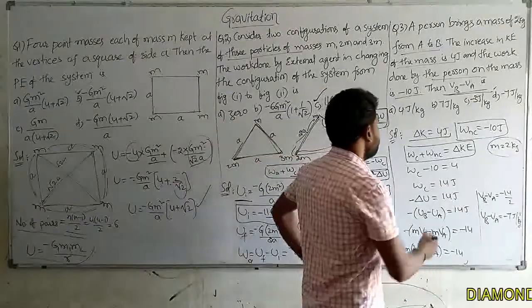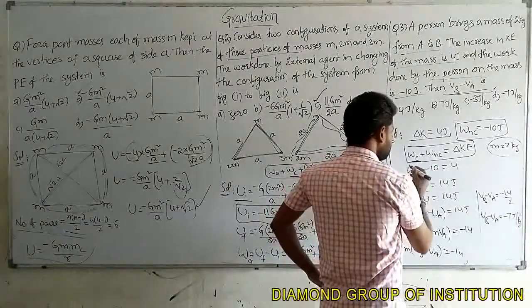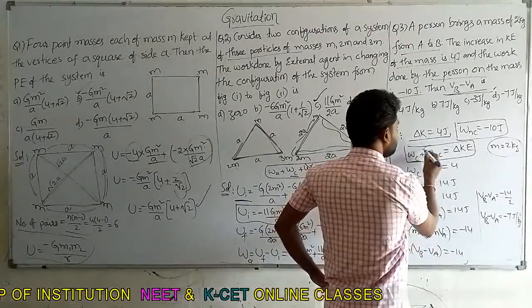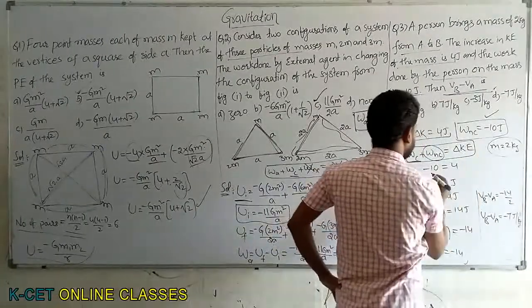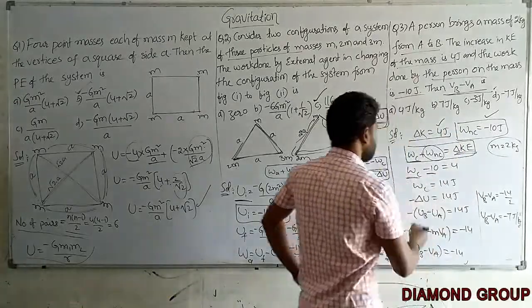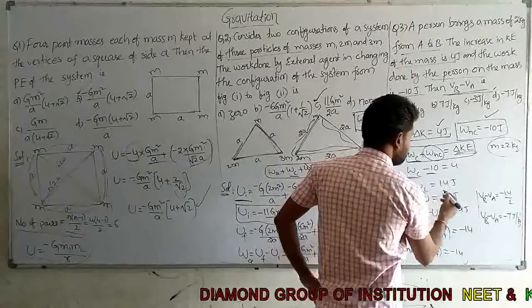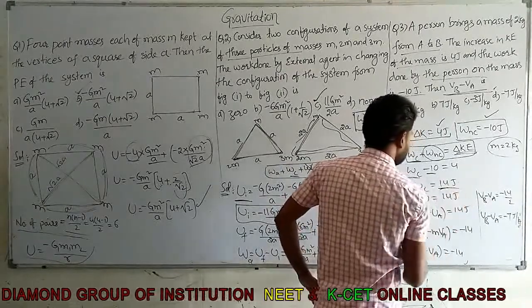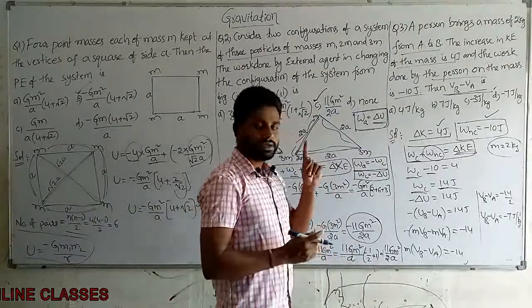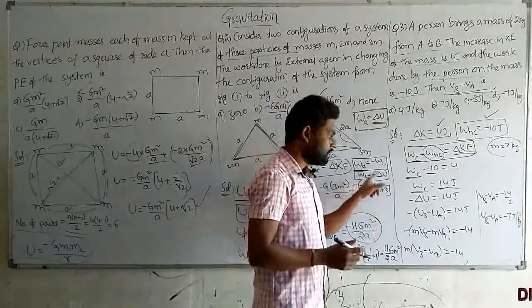Now, work done by the conservative forces plus the non-conservative forces value, given as minus 10, equals the change in the kinetic energy, given as 4 joules increase. So the work done by the conservative forces is 14 joules. Work done by the conservative forces equals minus delta U, as I said already.